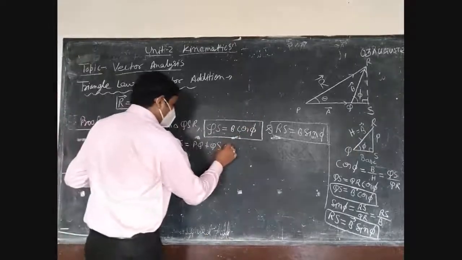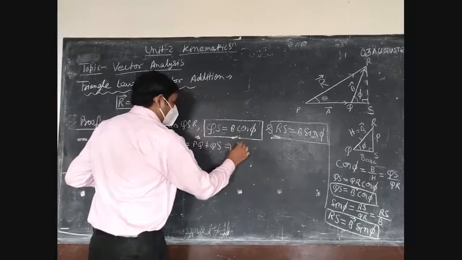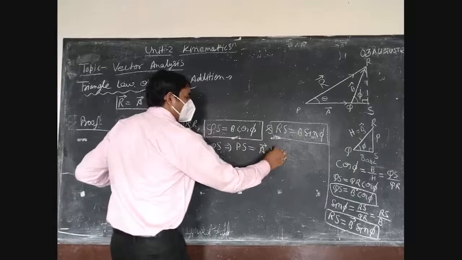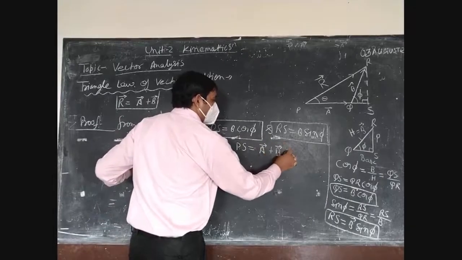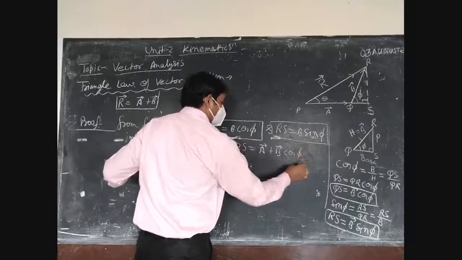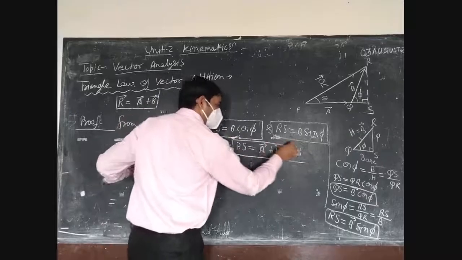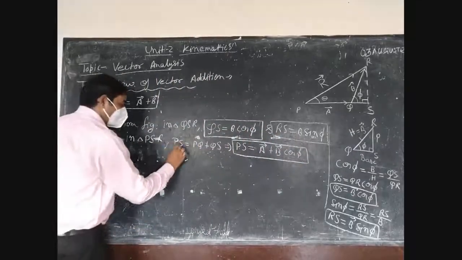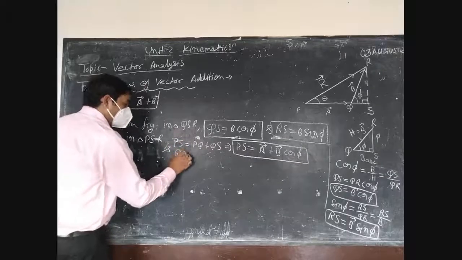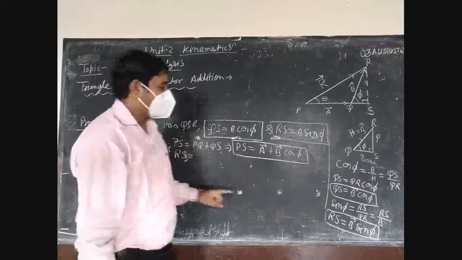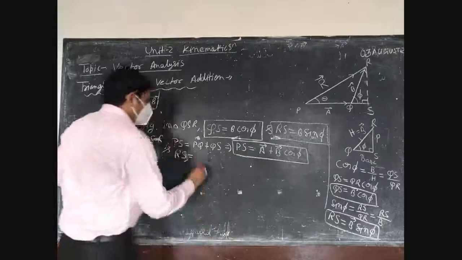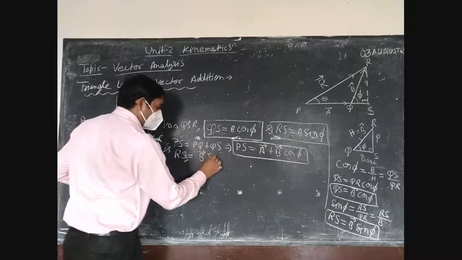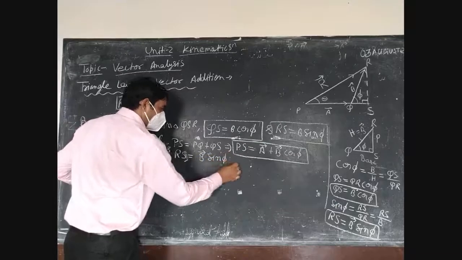So this you will get: PS equal to vector A plus vector B cos phi. Okay, and then RS you have vector B sin phi.